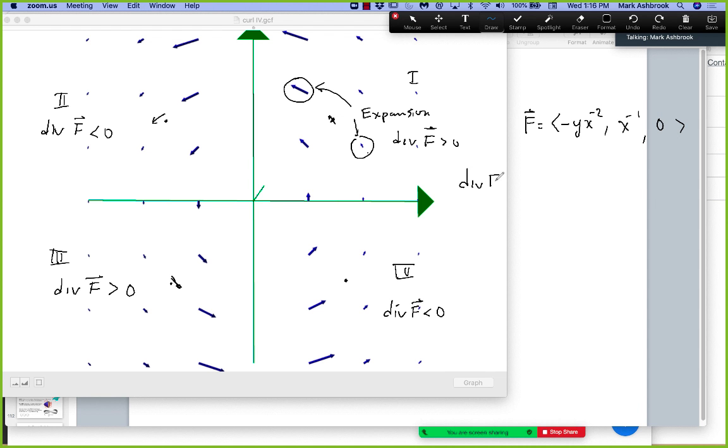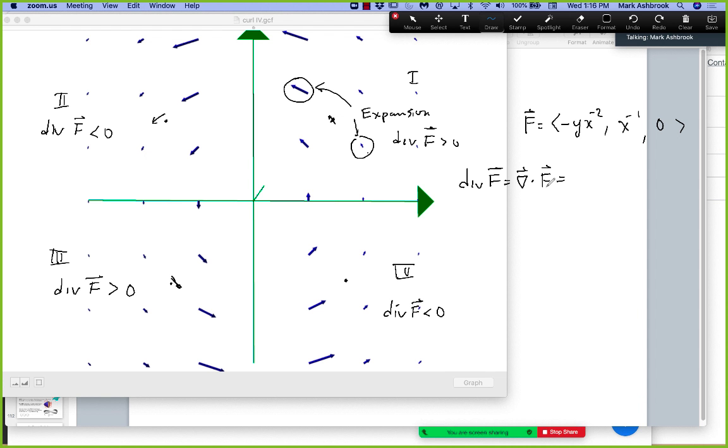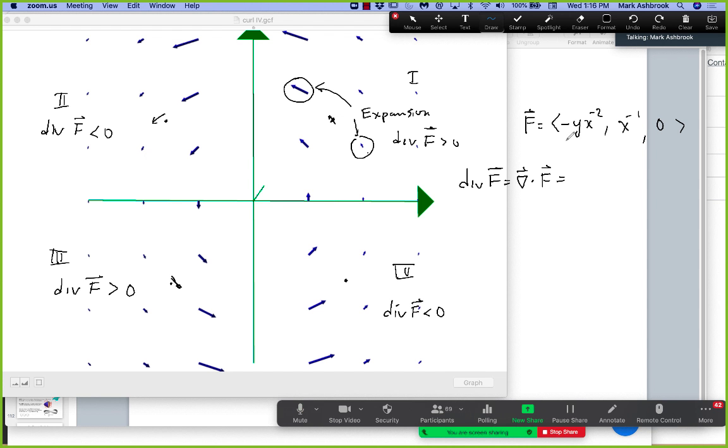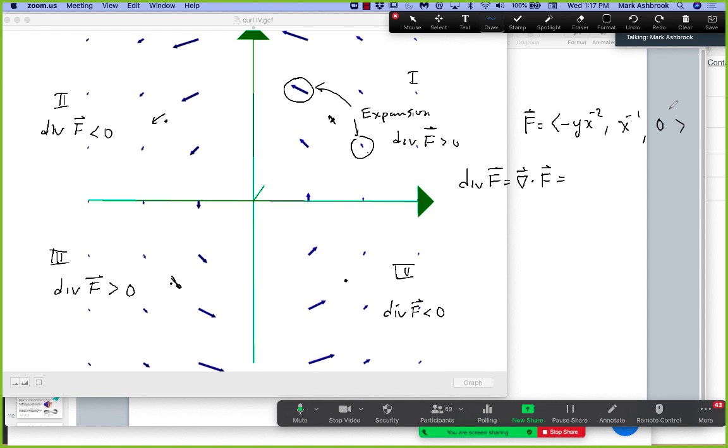To find the divergence, what we do is the dot product of the gradient operator with the components of the vector function, which is simply partial with respect to x of the x component, partial with respect to y of the y component, partial with respect to z of the z component, and add them up.